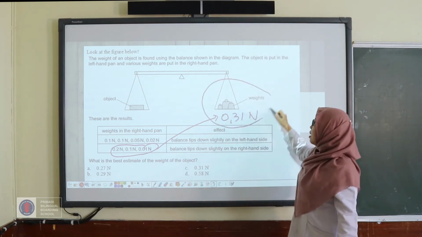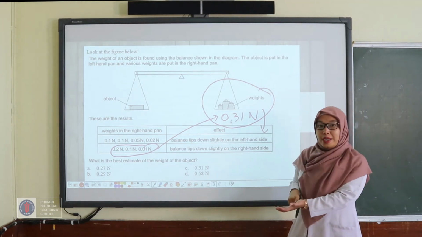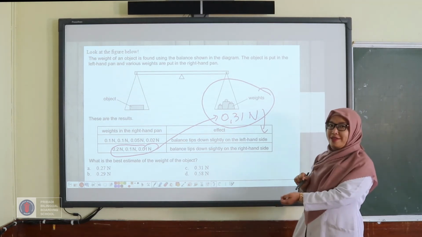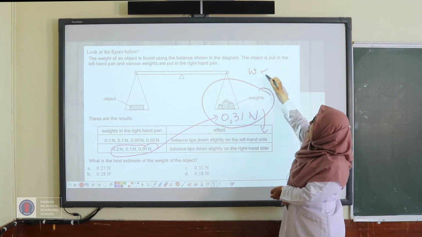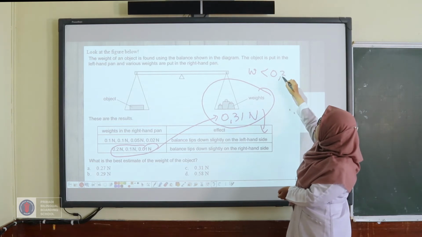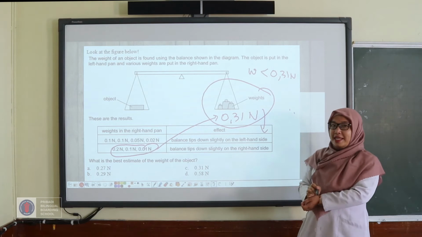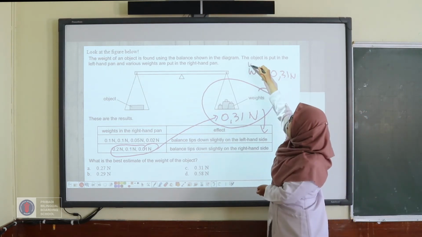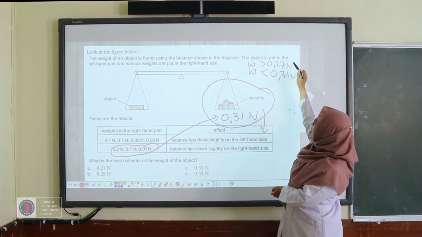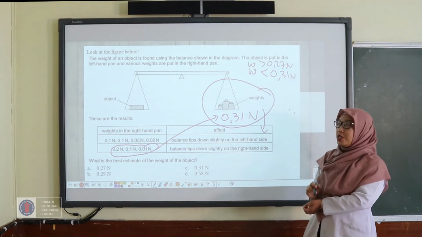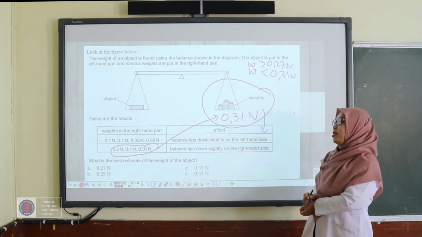It means that this side is heavier than the left side. So what can we conclude? Yes, you're right. The weight of the object must be smaller than 0.31 Newton. For the first trial, the weight must be larger than 0.27, and for the second trial, the weight must be smaller than 0.31 Newton.